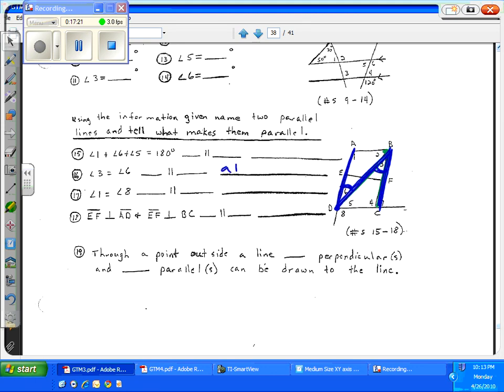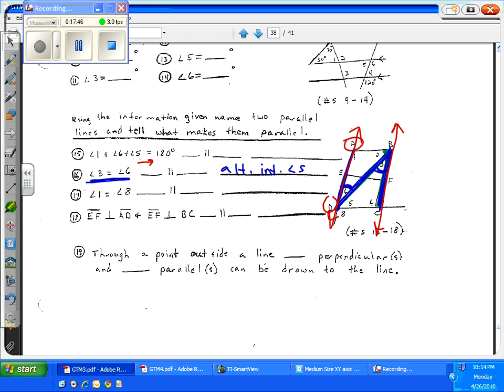So they're alternate interior angles. If alternate interior angles are equal, then the lines that form them are parallel, and the lines that form them are AD, which you could have called AE or ED or DE or all those things.